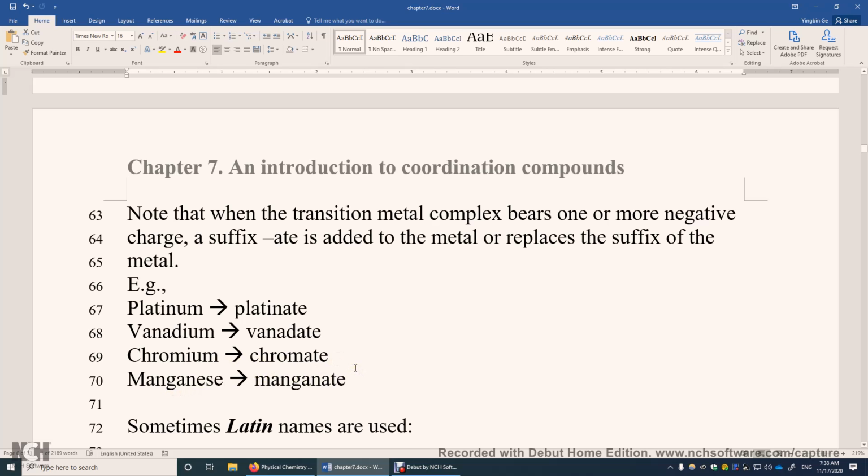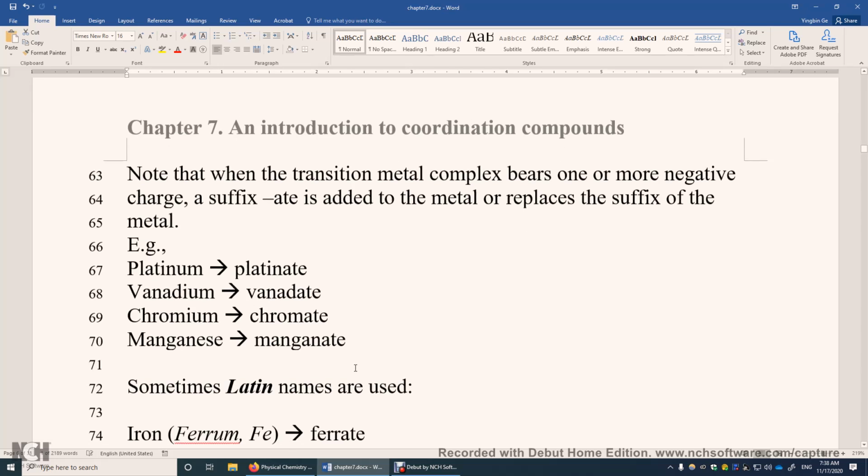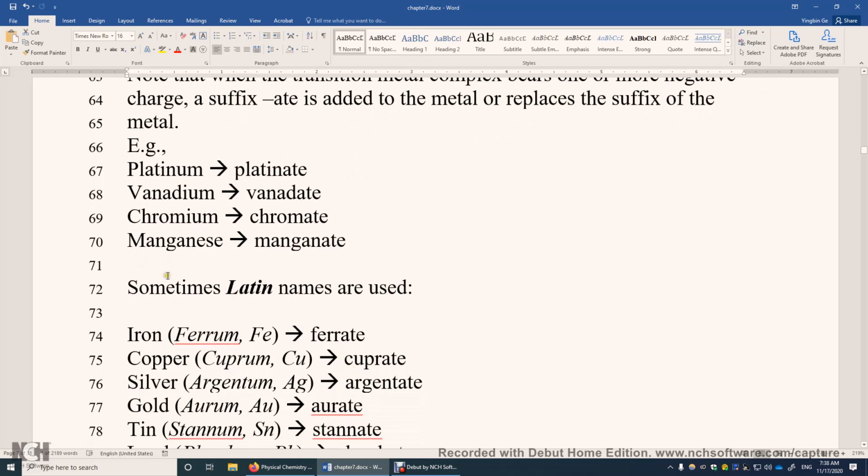This is why the common name of KMnO4 is potassium permanganate. Sometimes Latin names are used when we try to name the transition metal complex with negative charges.